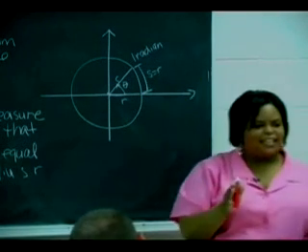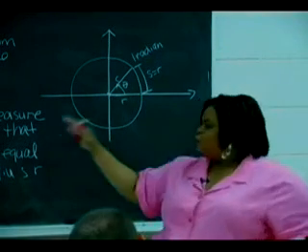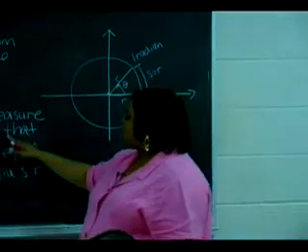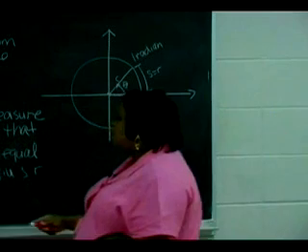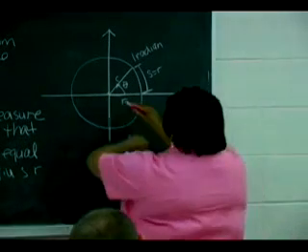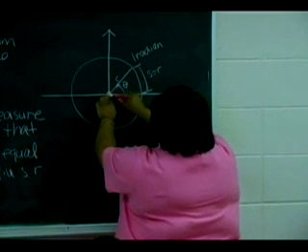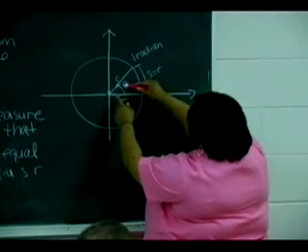Now let's say that again, because that was a mouthful. 1 radian is the measure of a central angle theta that intercepts an arc S equal in length to the radius. So this origin is our center. From this origin to any point on this circle is R. So this angle theta is formed.